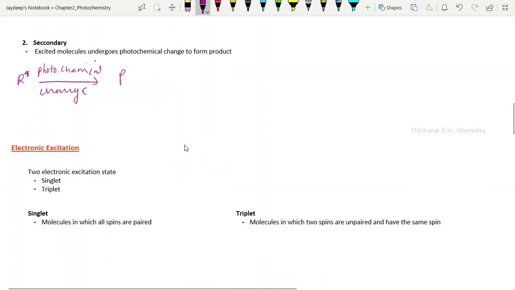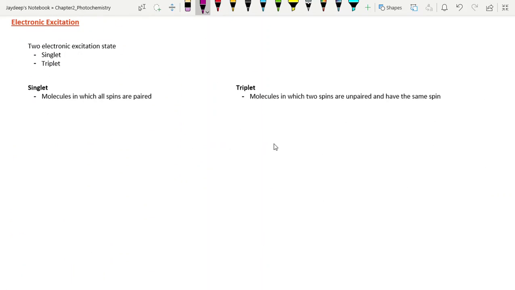So now let us consider what electronic excitations are. Depending upon the spin, electronic excitations are classified into two different types, that is singlet and triplet. When we consider a molecule having a pair of electrons, we represent the spin. Now this upward spin has a plus half value, while this downward spin has a minus 1/2 value.